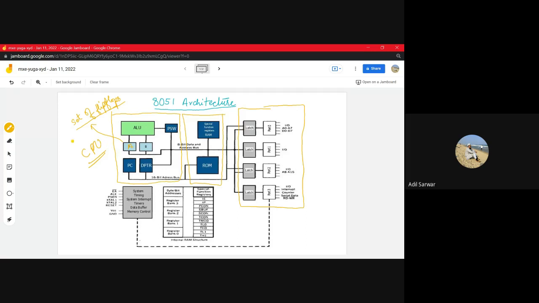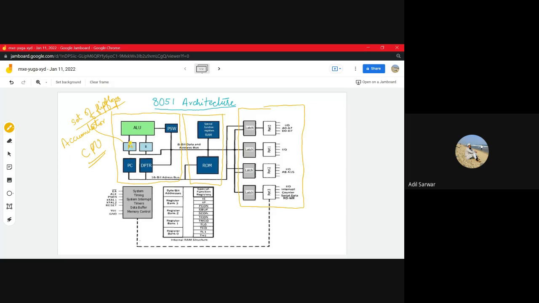it is also called the accumulator. So this is one of the most important registers of 8051, because it appears almost everywhere in the instructions of 8051.